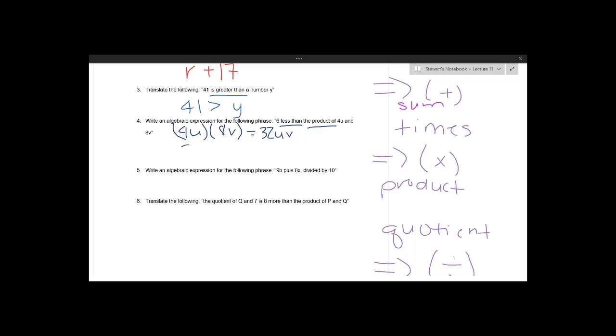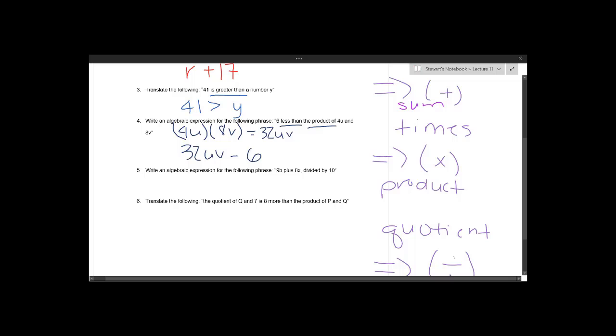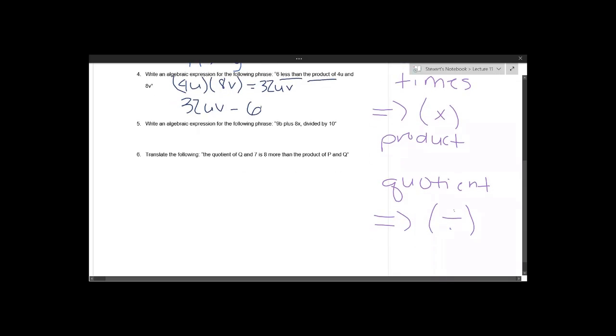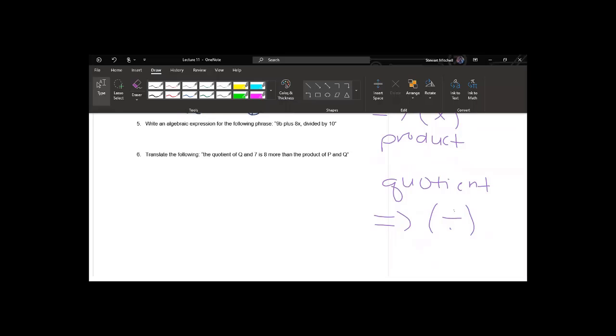So we have 32uv first, and then our expression is saying that this quantity is 6 less than that product, so that would mean that we'd have to subtract 6 from that product. Like I said, to get that, you'd have to consider where order of operations comes into play. You have to consider the multiplication before you consider addition and subtraction.